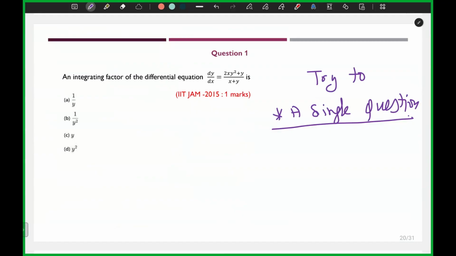We can try all these problems, and if we are stuck on some problem, then we will tell you in the next class.